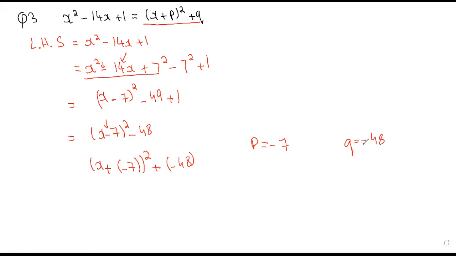It says, using your answer to part A or otherwise, show that the solutions to the equation x squared minus 14x plus 1 can be written in the form r plus minus s under root 3, where r and s are constants to be found. Okay. Now, you can either use this or you can do it otherwise.